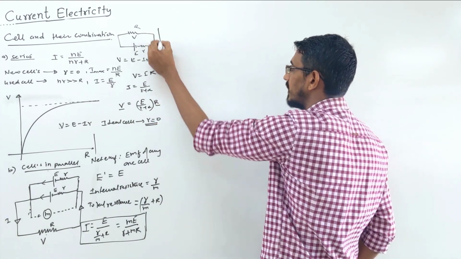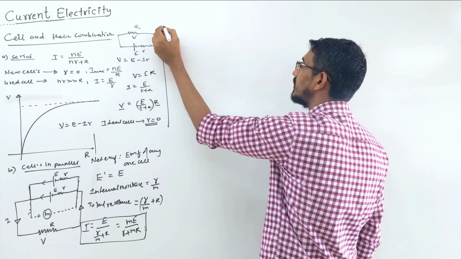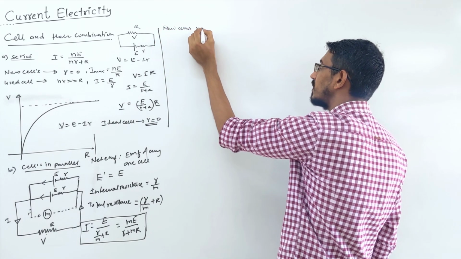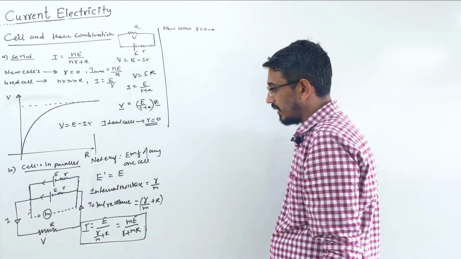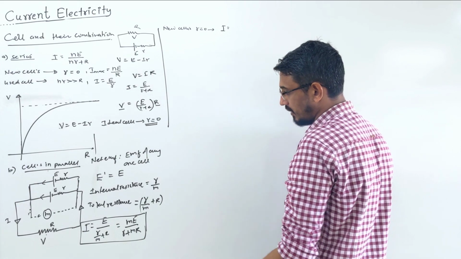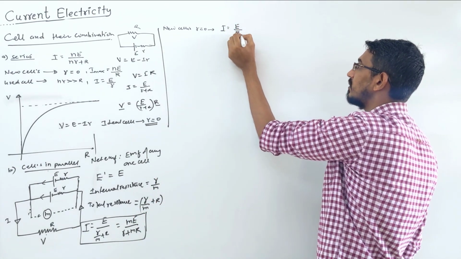Now suppose you apply the same idea. If you have new cells, your r is 0. Then what is the answer? The current comes to M E by M R, so it becomes E by R. This is actually a very small current.